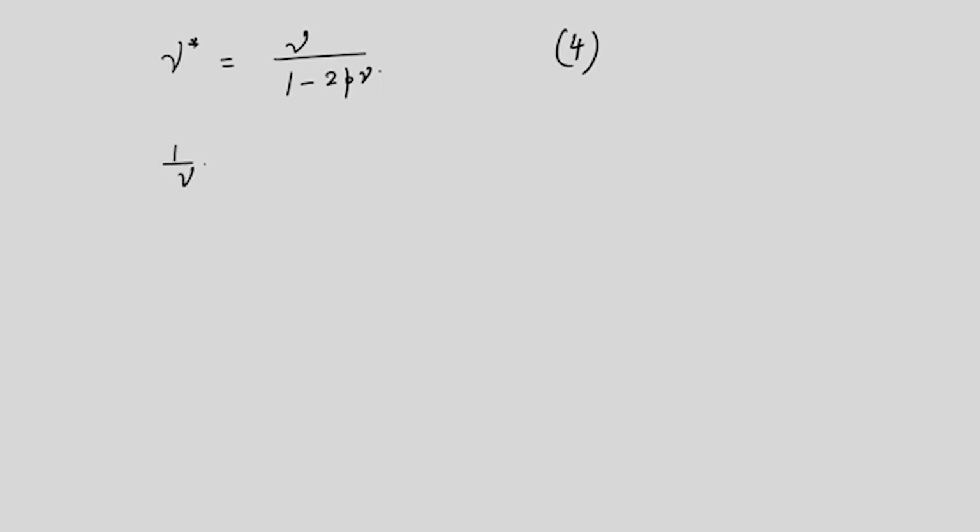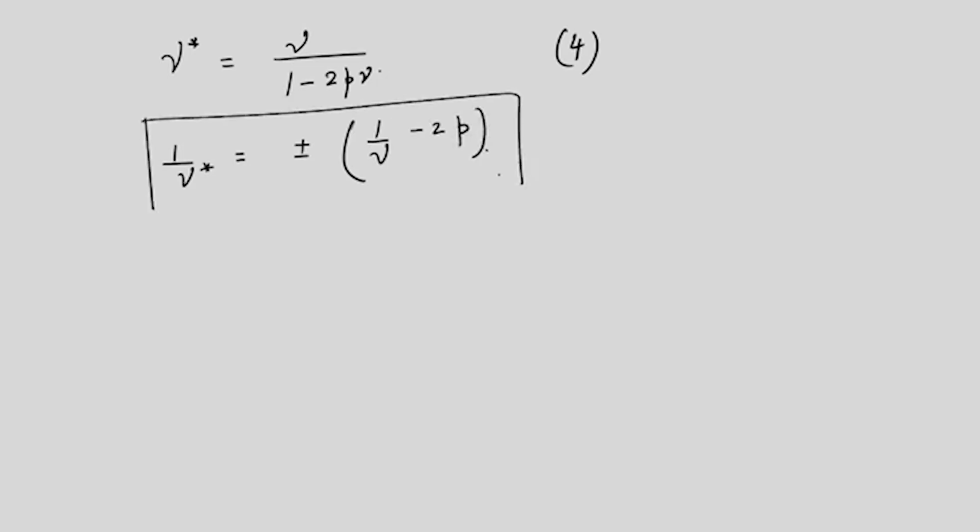So, 1 over nu star is equal to plus or minus, 1 over nu minus 2p, and this is the relationship between the filling fractions. Just take note that we have written both plus and minus signs, and they would give rise to different fractions. So, both signs are allowed.